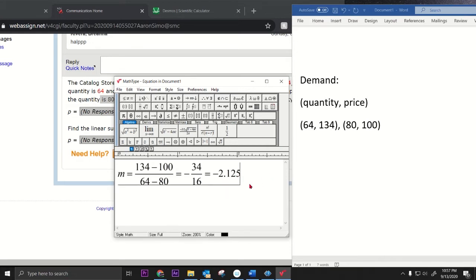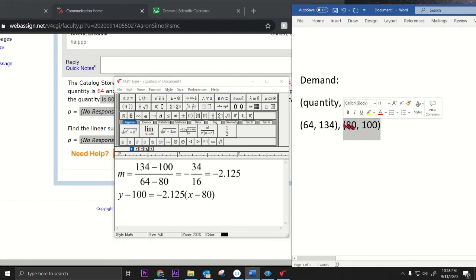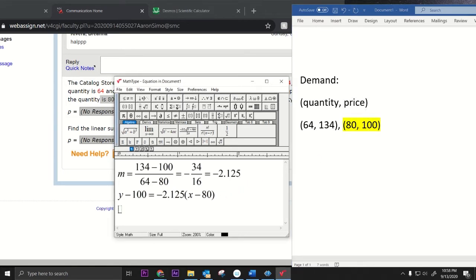Next we can find the equation by saying y minus 100 equals negative 2.125 times x minus 80. I am using one of the points, this one, plugging in x and y. So I get y minus 100 equals negative 2.125 x plus 80 times that.